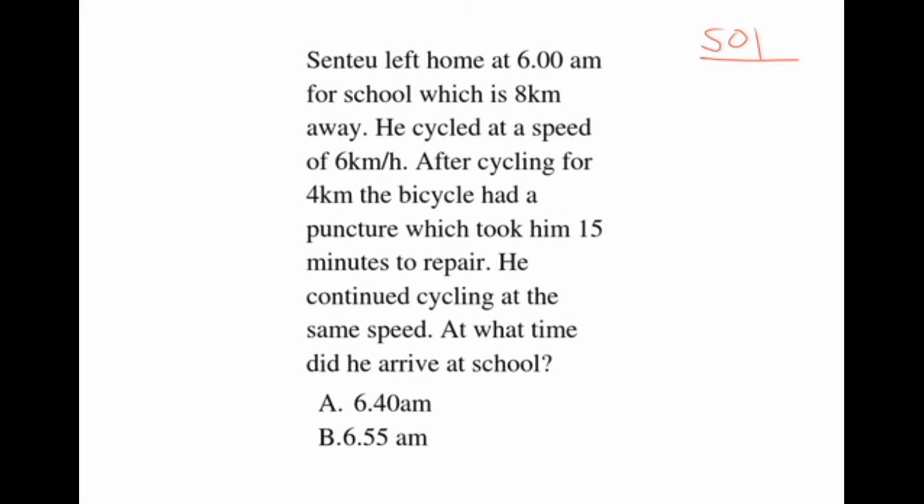We have first to get the time it took while cycling. We have distance is 8 kilometers. This is the distance. The speed is 6 kilometers per hour. Time, we get it by dividing distance by speed.